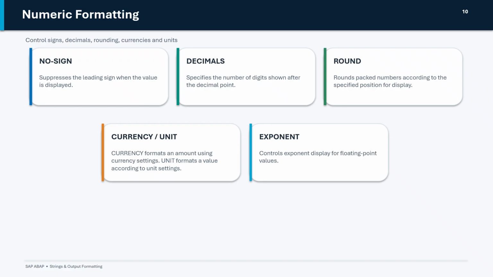Round can be used to control the rounding of numeric display. We can also use currency and unit when displaying amounts and quantities. And finally exponent, which is relevant when displaying floating point values. These formatting options allow us to present numeric information according to the requirement of the report.